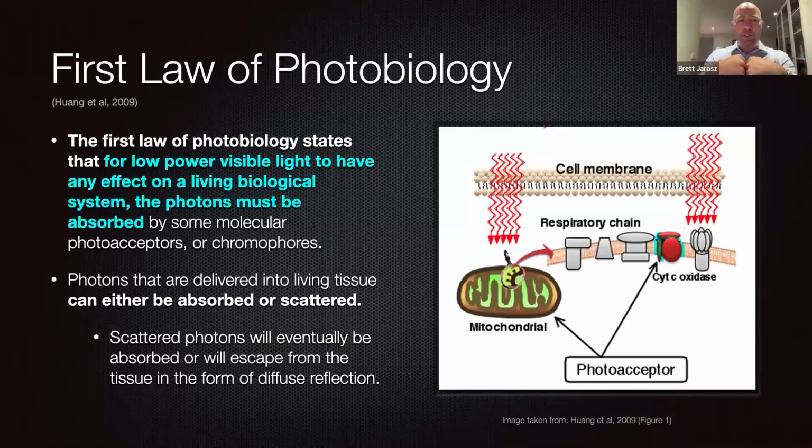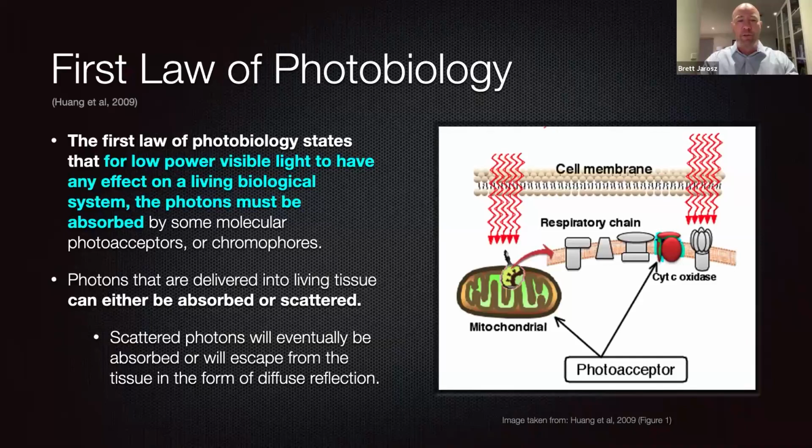And the key bit in point 2 there: photons that are delivered into living tissue can either be absorbed or scattered. So for it to start to have its biological, physiological effect, it has to absorb. If a photon scatters, so if it doesn't get absorbed into the tissue, if it comes across and hits something and scatters off, it can either deflect out via diffuse reflection, or later on that deflected or scattered photon can then be absorbed by another tissue over there.